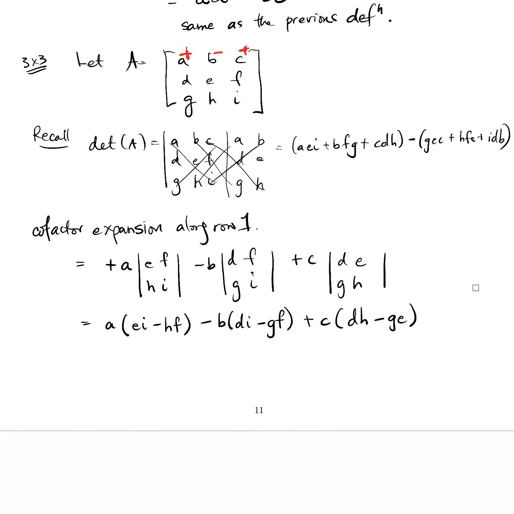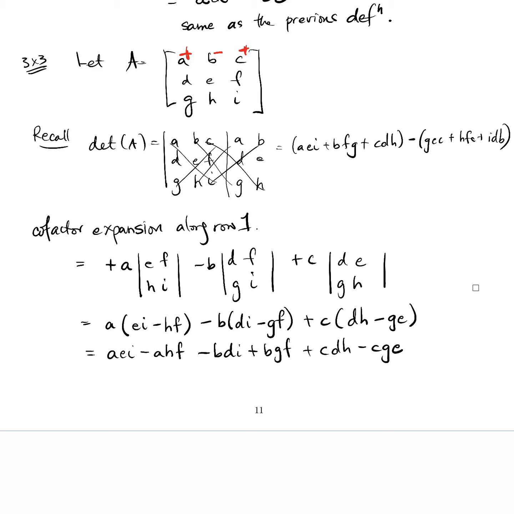Okay, if we expand, we're getting AEI minus AHF minus BDI plus BGF, and then plus CDH minus CGE.